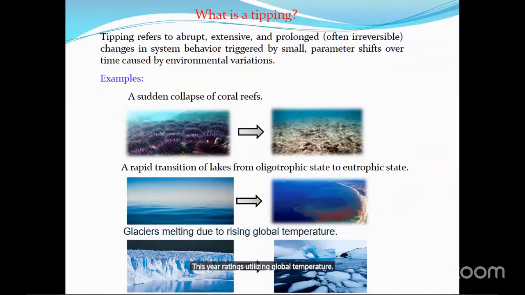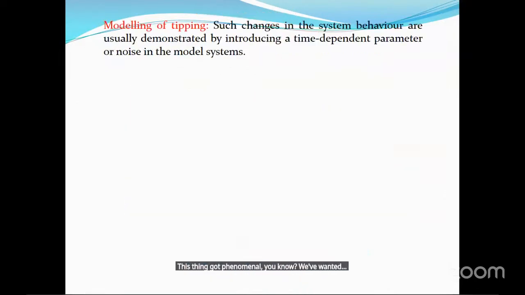There are many other examples, for example a sudden insect outbreak or a sudden disease outbreak in crops. So the question is how to model this type of phenomenon. This type of phenomenon is modeled by introducing a time-dependent parameter in your autonomous system.